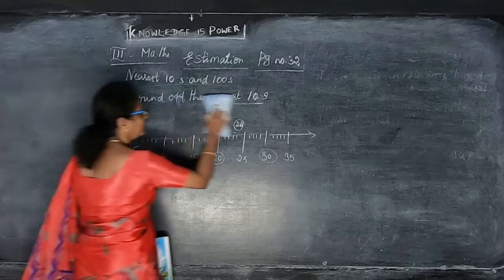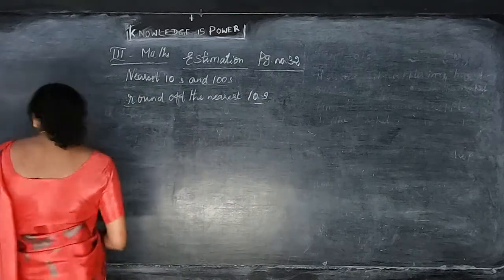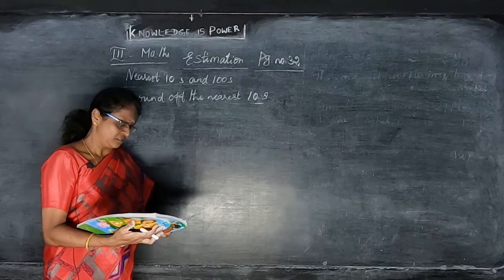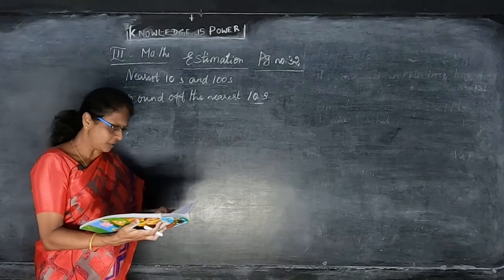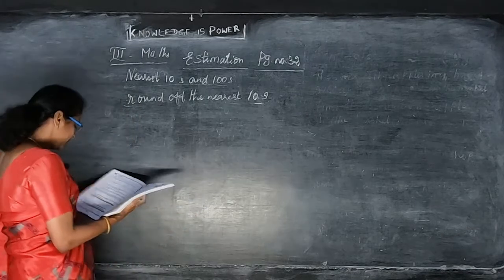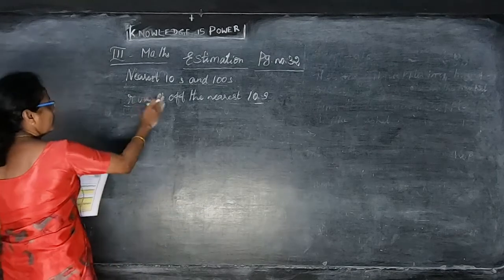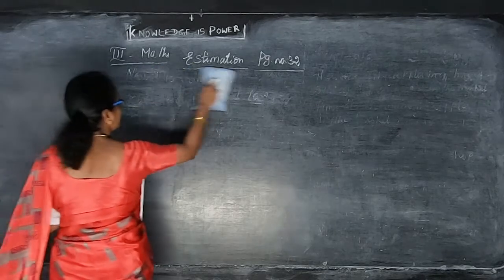Okay. Now we will see the next one. Estimate the sum by rounding off to the nearest value and find the actual sum. So here they given the example. They will give the number like this. Estimation only.